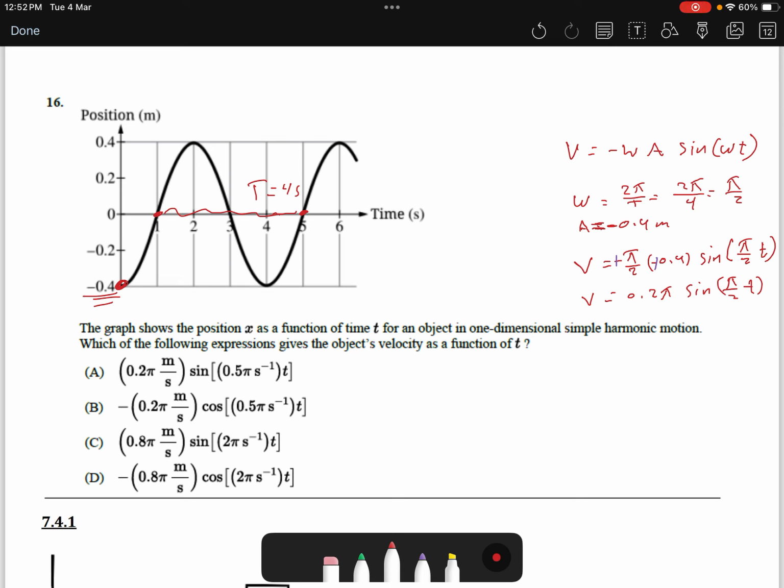Now, this is the final answer. Look at the options. We find that the answer is A.